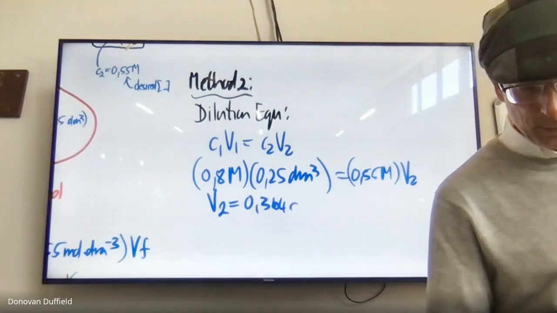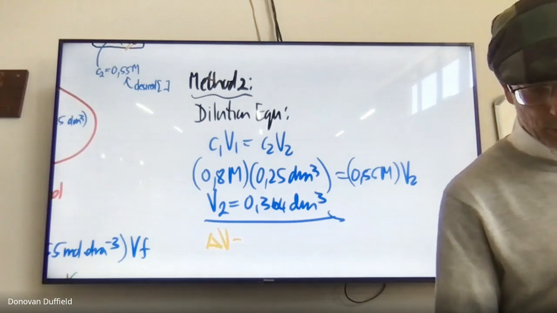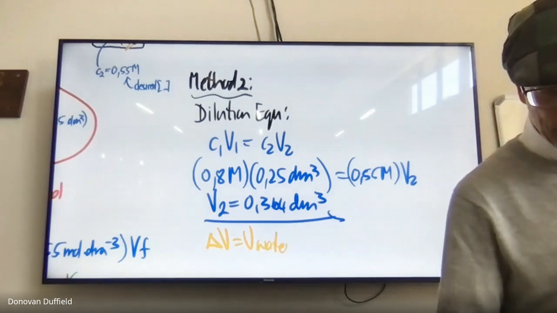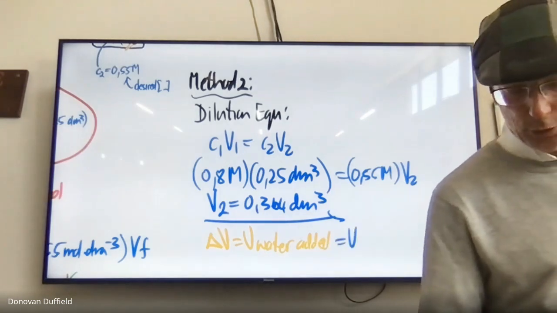0.364 cubic decimeters, and then your delta V, which is your volume of water added, is going to be V2 minus V1.